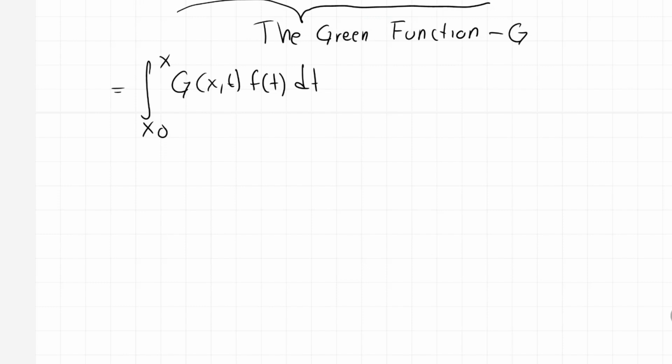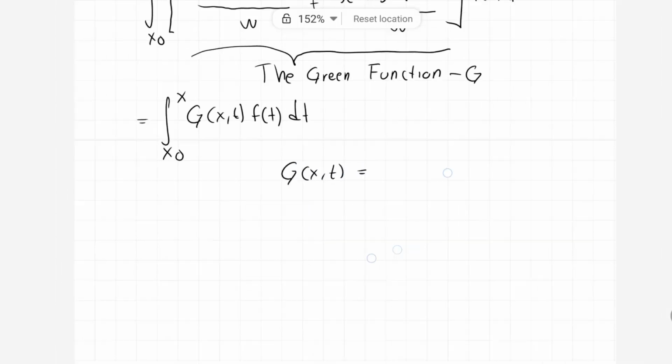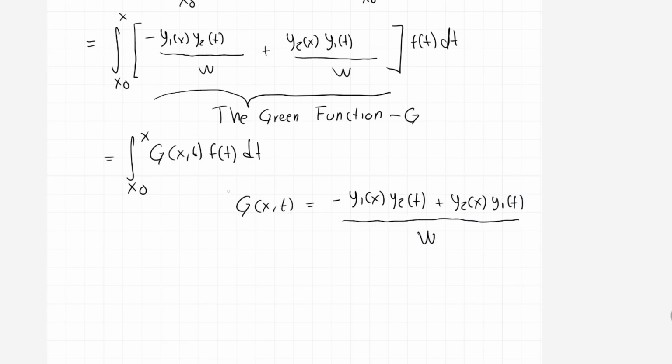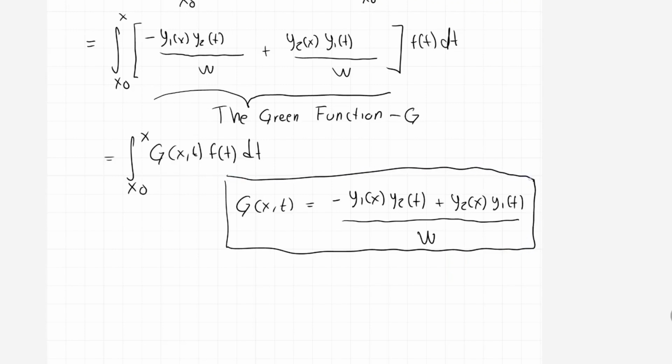So g of x comma t is equal to negative y1 of x, y2 of t, plus y2 of x, y1 of t, all over W. Well, this is the important result for this video, the Green function.